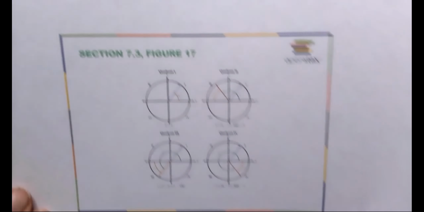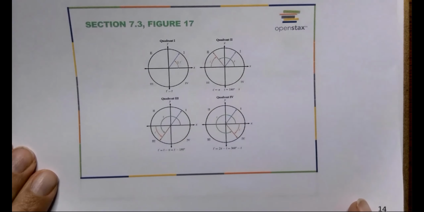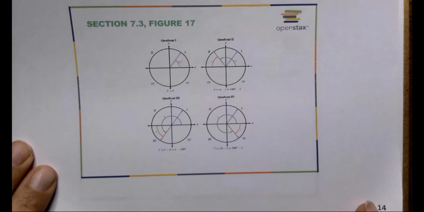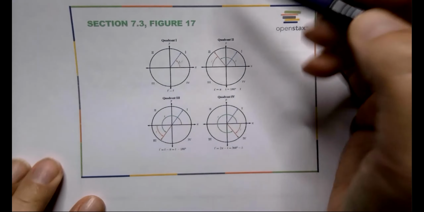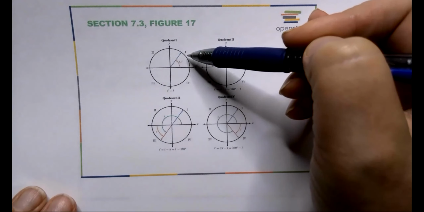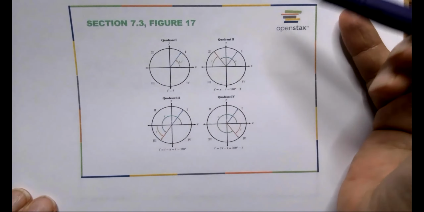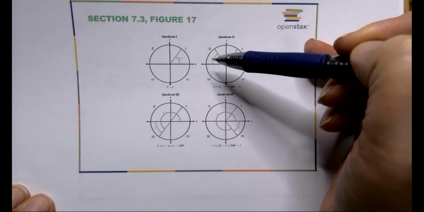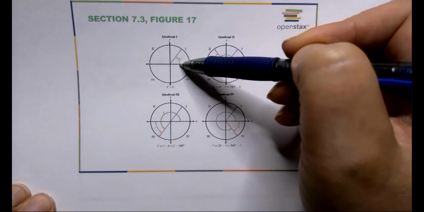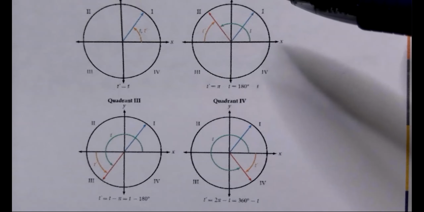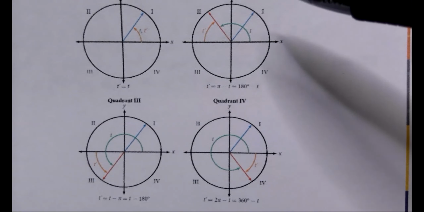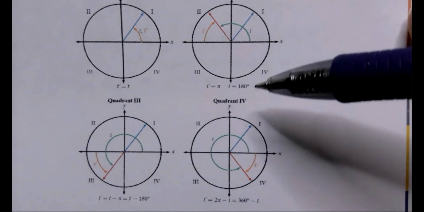And again, this picture just shows different reference angles for different quadrants and how you find it. So if your angle is an acute angle, then the reference angle is itself. I decided to zoom in because it was hard to see.